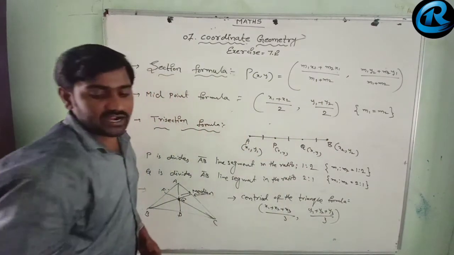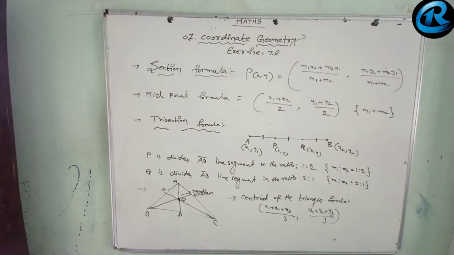And this is the centroid of the triangle formula, children. x1 plus x2 plus x3 by 3, y1 plus y2 plus y3 by 3.